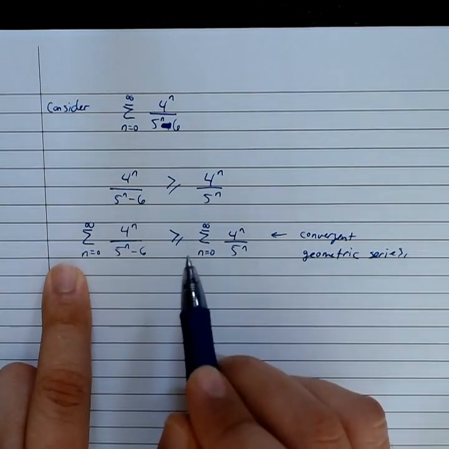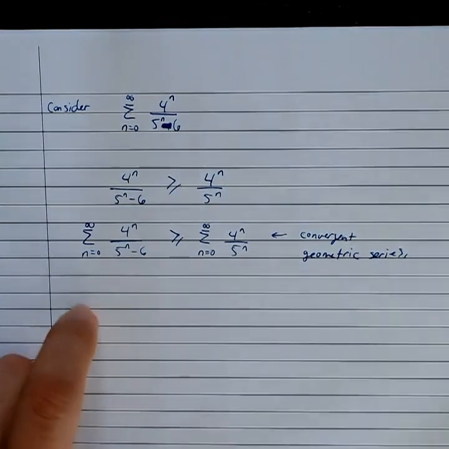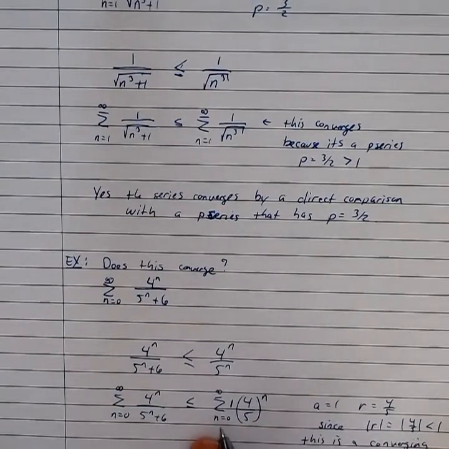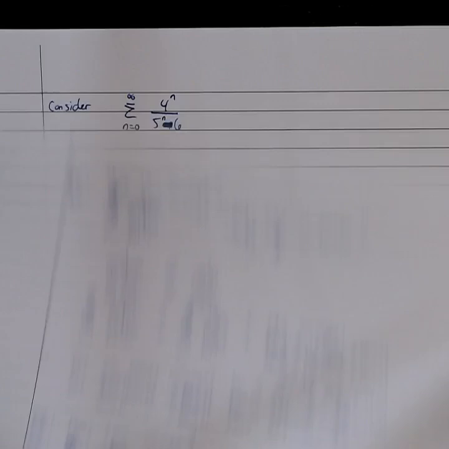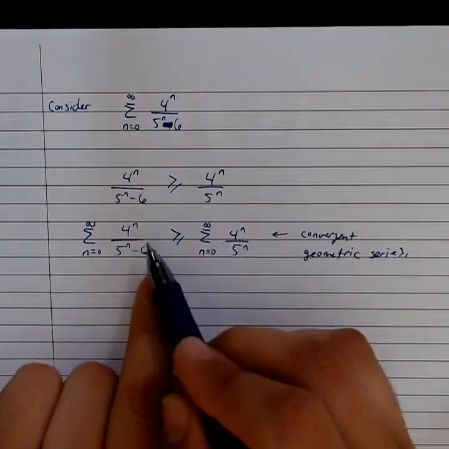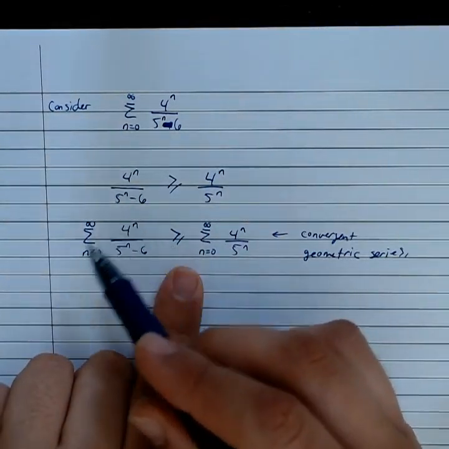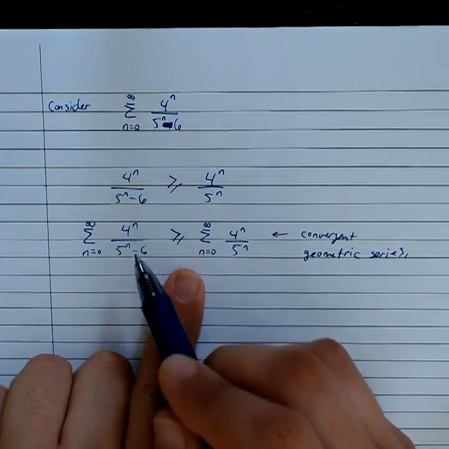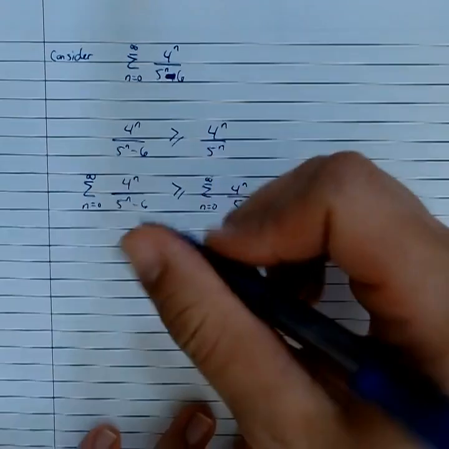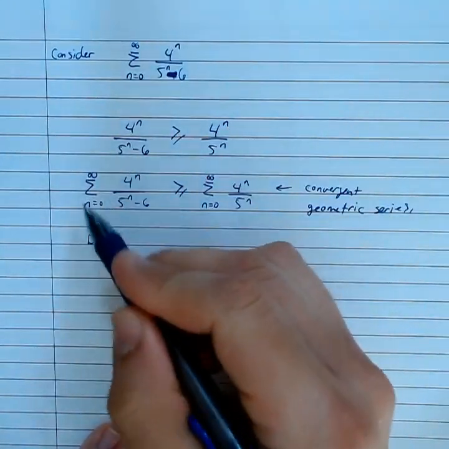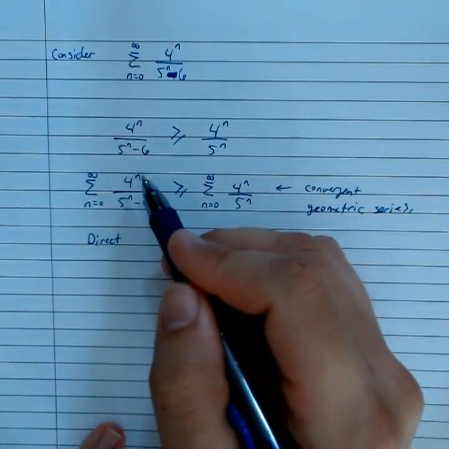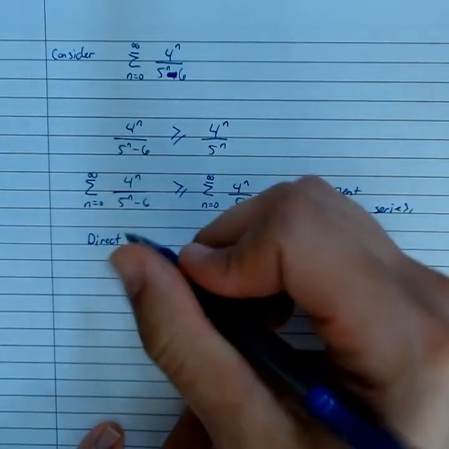So here, if you are smaller than a finite amount, if this is a number and you are less than that number, then you must be a number yourself. But if you are larger than a number, you might be just a really big number, or you might go off to infinity. So here, the direct comparison test fails. That doesn't mean we found that this diverged. Maybe it does diverge, or maybe it does converge.